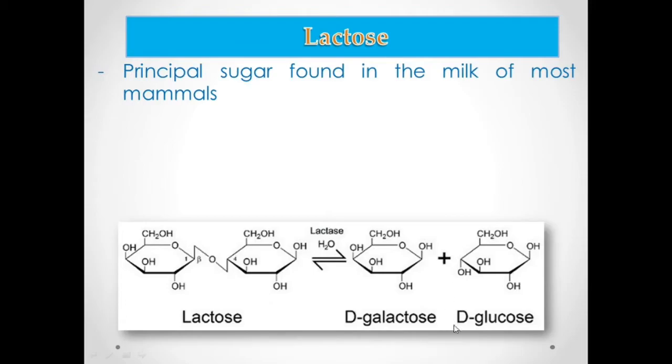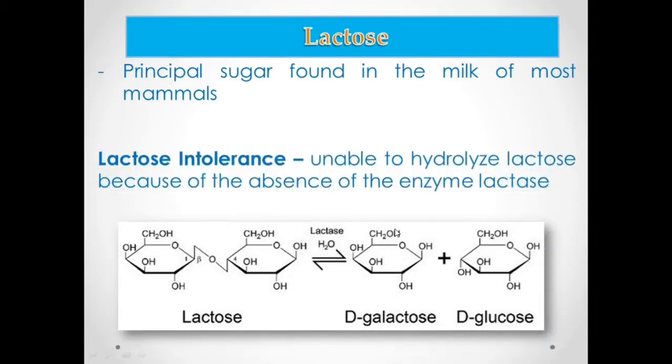D-glucose is absorbed and used by the body for energy, because the primary source of our energy is D-glucose, while D-galactose needs to be converted first into D-glucose by different enzymes.